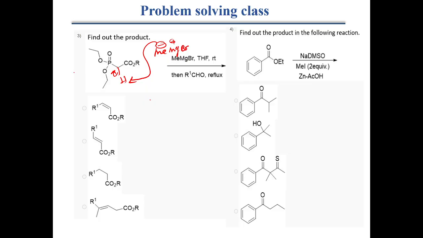This is the Horner-Wadsworth-Emmons reaction. This negative charge will come, and now this is trapped by the aldehyde.